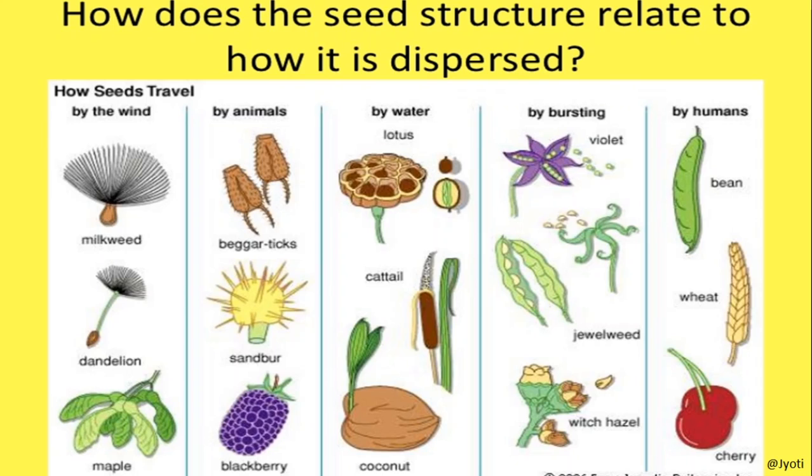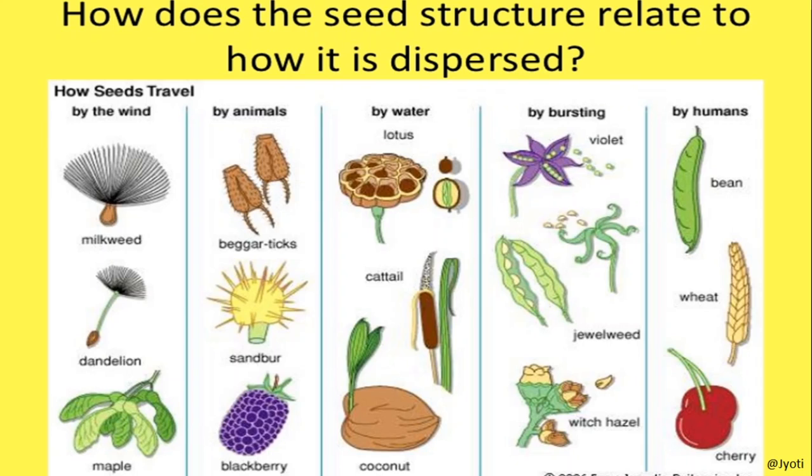So here are some structures of the seed, or the adaptations seen in the seed, for dispersal. Those seeds which are to be transported by the wind should be light, or should have a wing-like or feather-like structure. And those seeds which need to be transported by an animal's body: often you might have observed that when we move through bushes, some seeds or structures stick to our cloth.